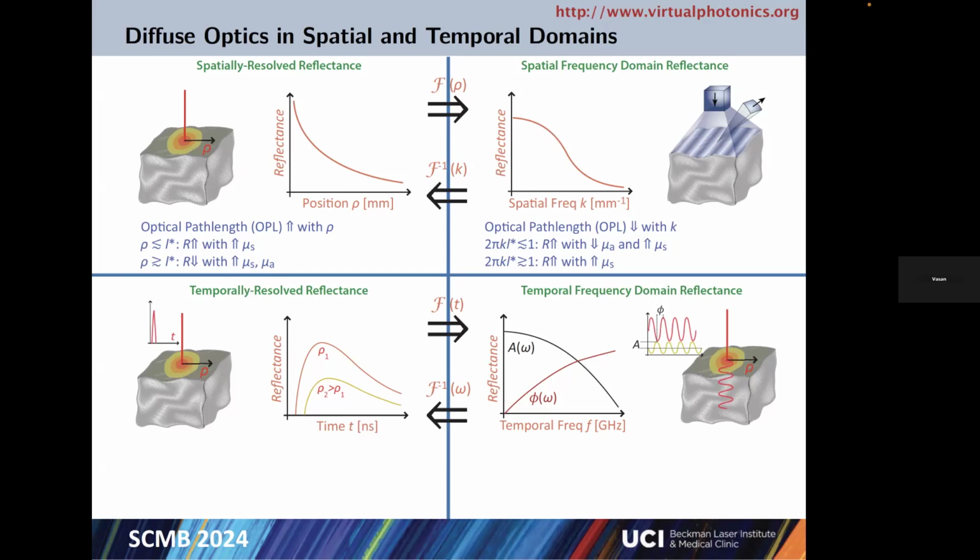We learned in lab yesterday that when you're probing source detector separations comparable to or smaller than the transport mean free path, typically increases in scattering will result in increases in reflectance, because you're basically enhancing the direct backscatter. But at source detector separations much larger than the transport mean free path, your reflectance will go down regardless of whether you increase scattering or absorption.